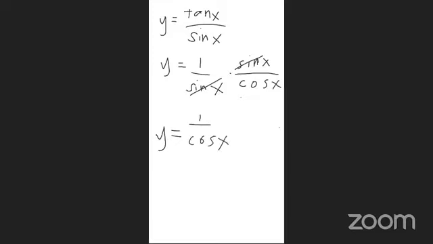So what is 1 over cos x in the identities? What is it? The identity for 1 over cos x, or 1 over cos u, is that sec u is equal to 1 over cos u.